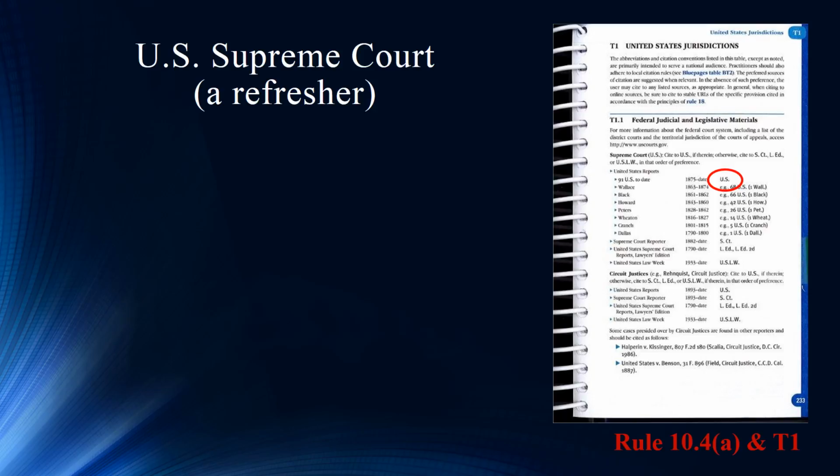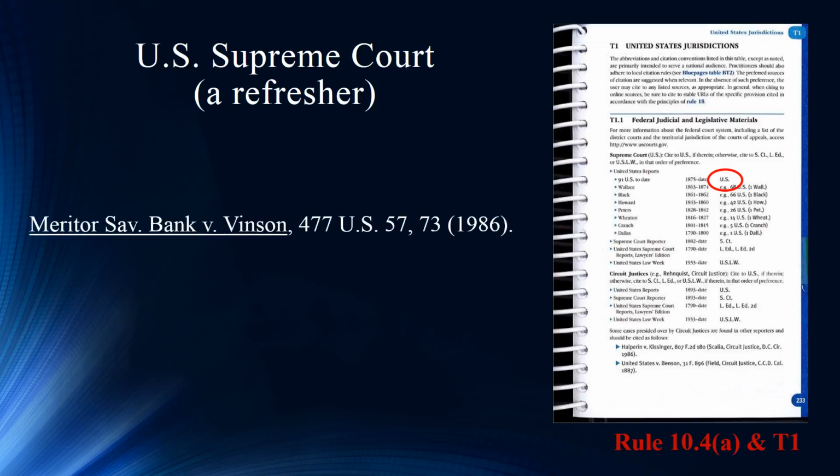We discussed citing U.S. Supreme Court opinions in the Introduction to Case Citation video, but let's revisit the topic briefly. Notice that in Table 1, there are different reporters for the U.S. Supreme Court opinions. The preferred reporter is U.S. Reports. Let's look at an example. Notice that the citation to Meritor v.